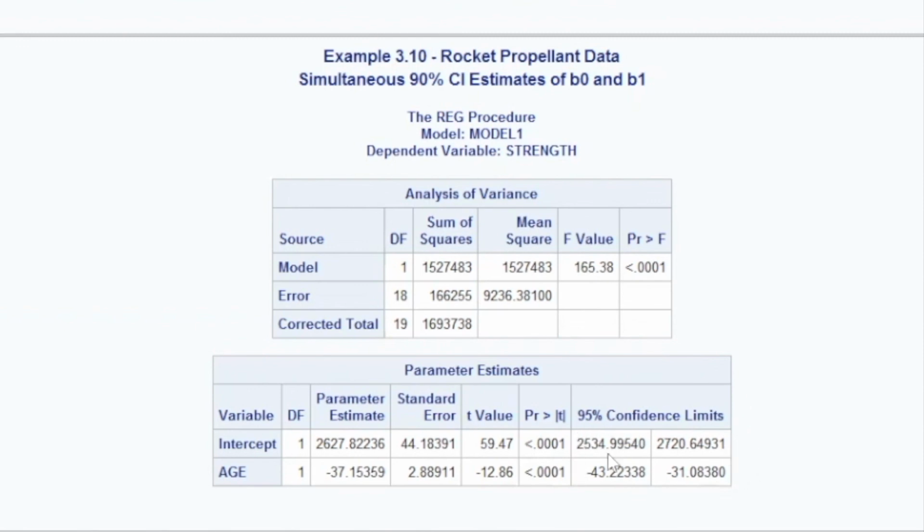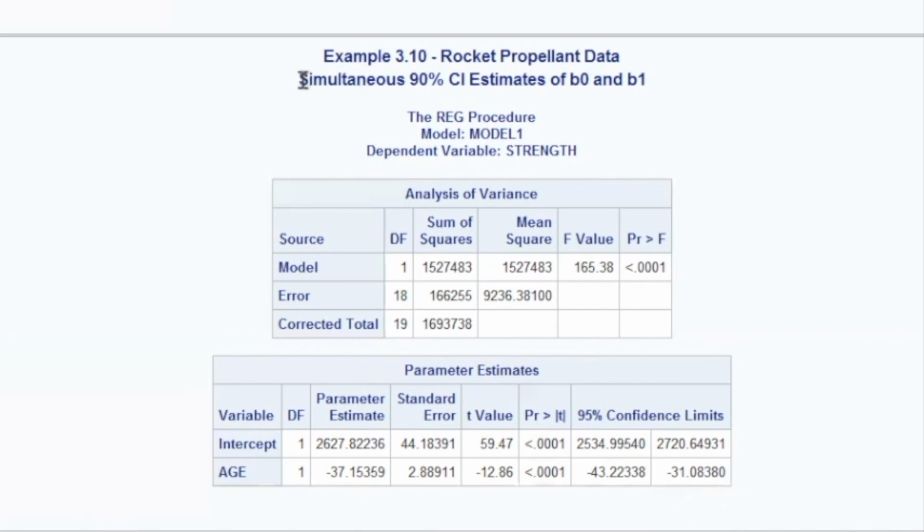To interpret it that way, we could say that we are 95% confident that beta 0 is somewhere between 2534.9954 and 2720.6493. Likewise, we would say that we are 95% confident that beta 1 is somewhere between negative 43.2234 and negative 31.0838.